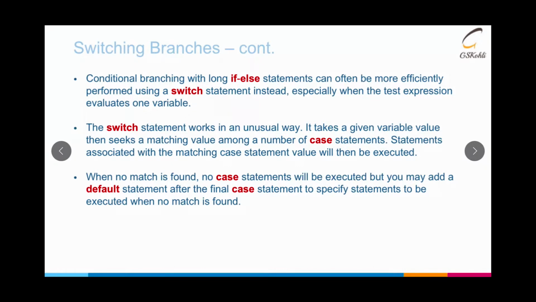So if you wanted to check something quite big and you created a program with maybe 15 or 20 if statements and else statements, it could become quite resource hungry as you're going through every single line. Whereas a switch statement works in an unusual way, where it basically seeks to match a number with a case number or a case statement, and if that is met, it executes whatever that statement is.